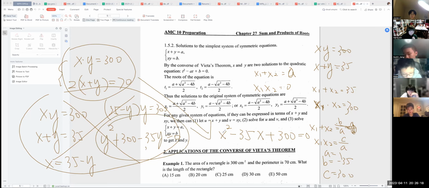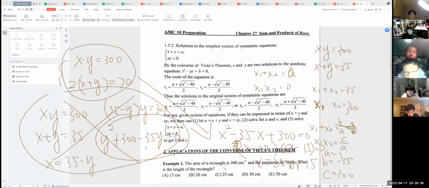Get it, everybody? So we have (x minus 20) times (x minus 15) equals 0, correct? So x equals 20 or x equals 15. Very easy.